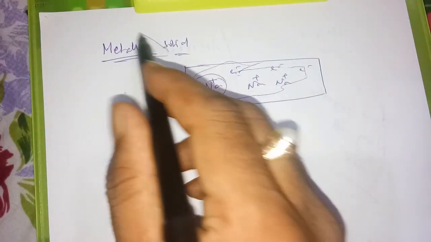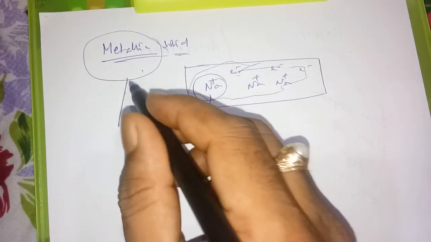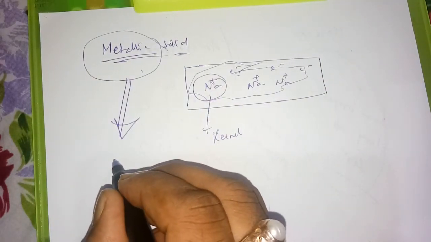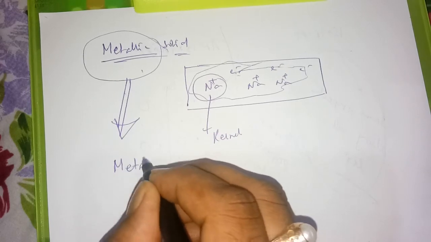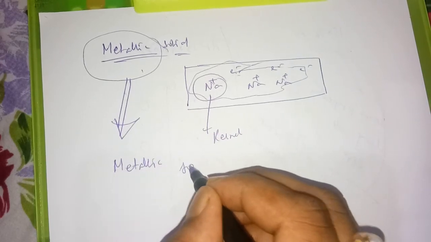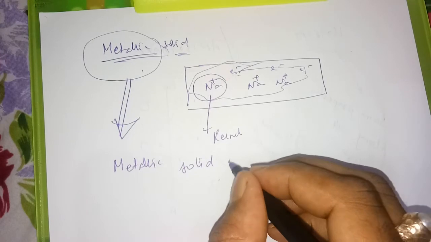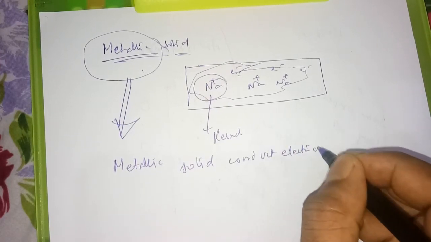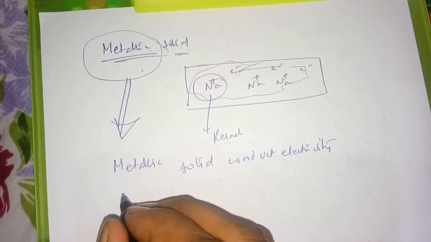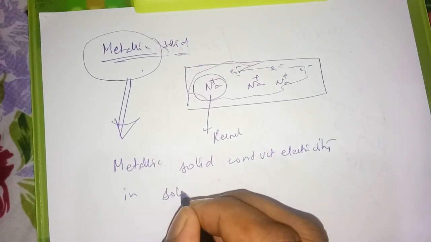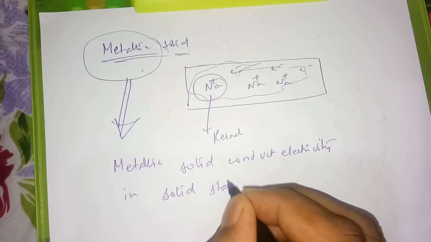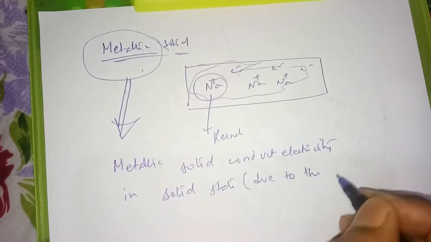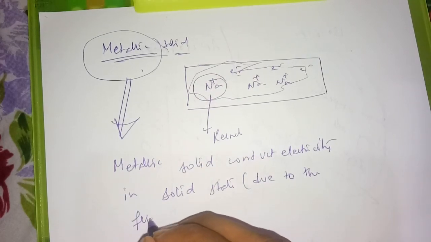But one important point that differentiates metallic solid from ionic solid is that metallic solids conduct electricity in the solid state due to the flow of electrons.